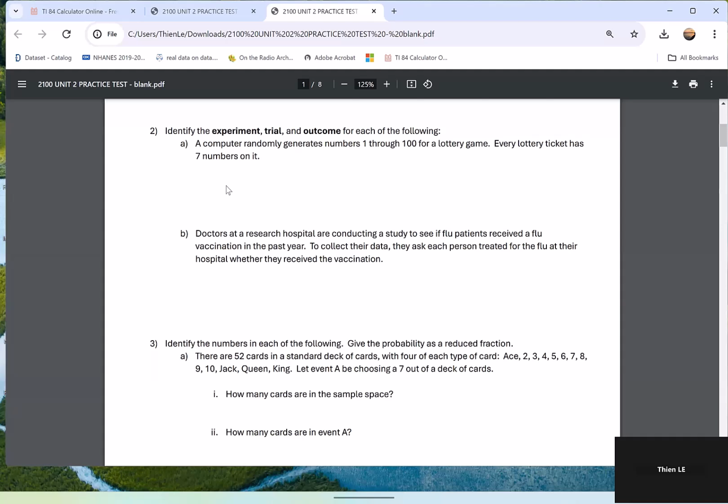So if this is the case, the computer will generate 7 numbers for the ticket.